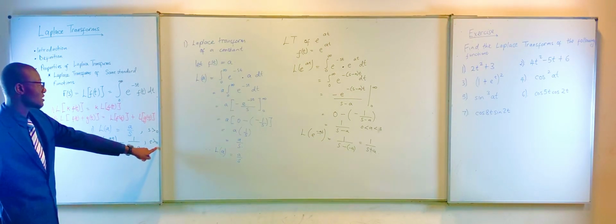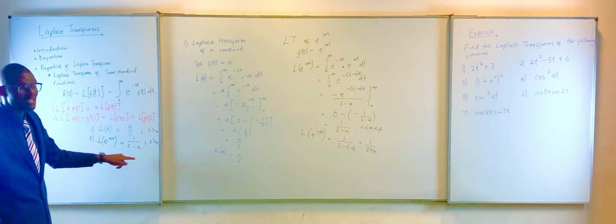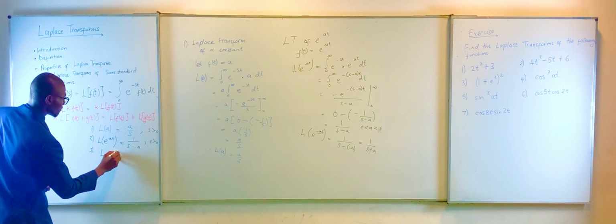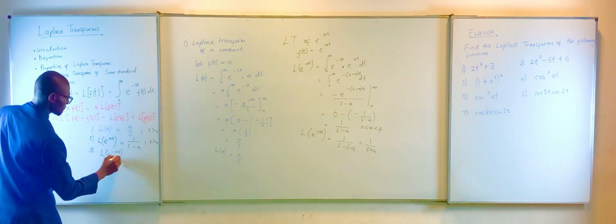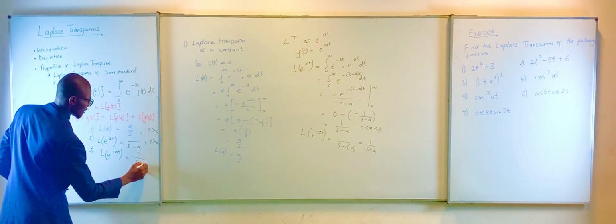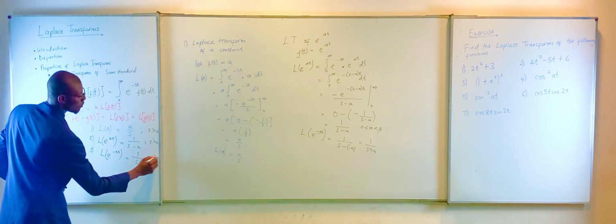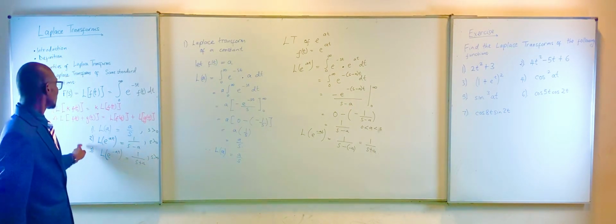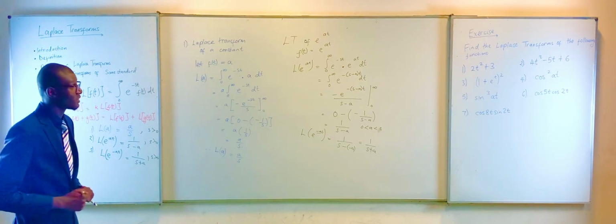So s is to be greater than 0 and it is to be greater than a. And we also say the Laplace transform of e to the power minus at would be equal to 1 over s plus a. So this is valid for s is greater than 0, right? So the two quotable results.